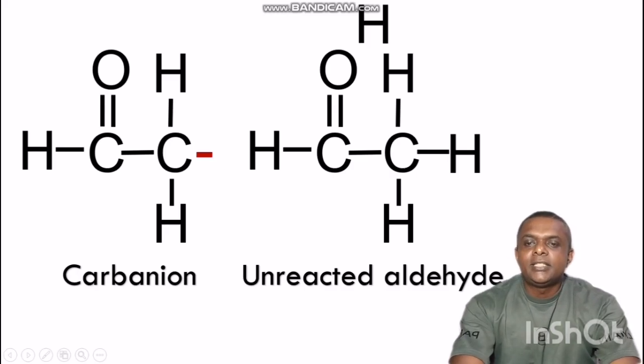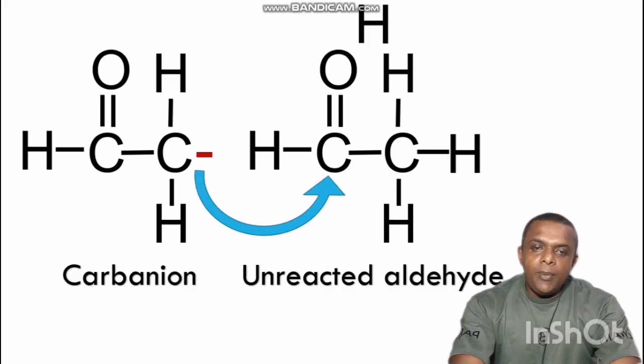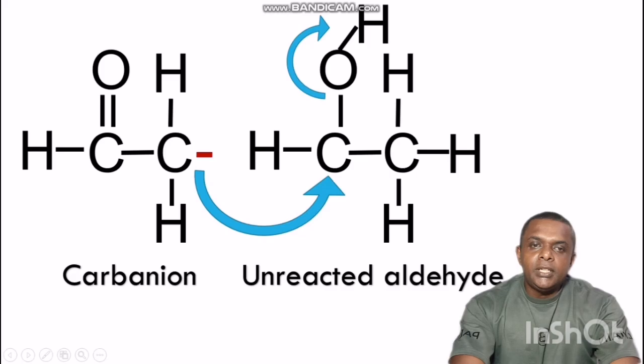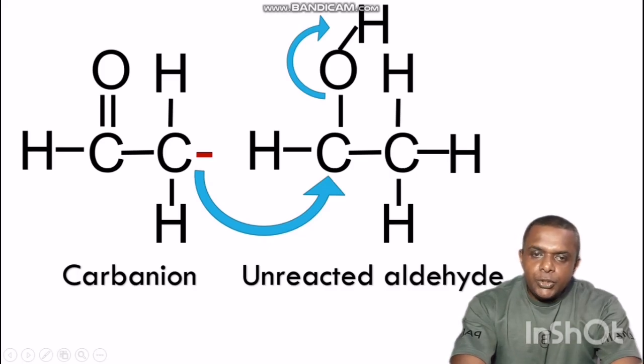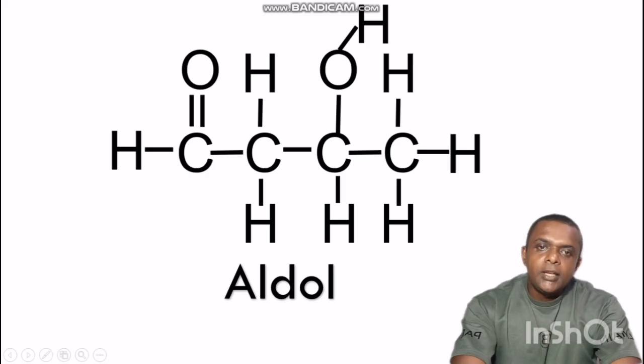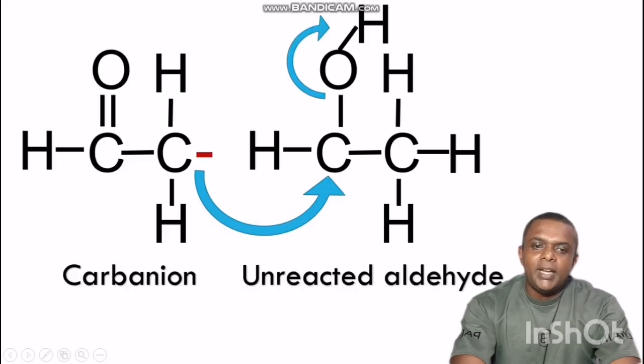The carbanion attacks this carbonyl carbon, and the pi bond breaks onto this oxygen, which forms a bond with a hydrogen from an external source. So these two molecules get together, and there would be an OH group.